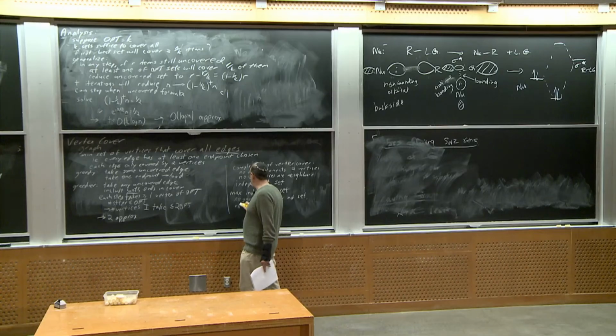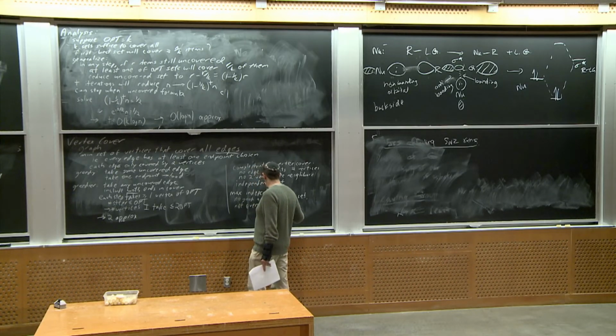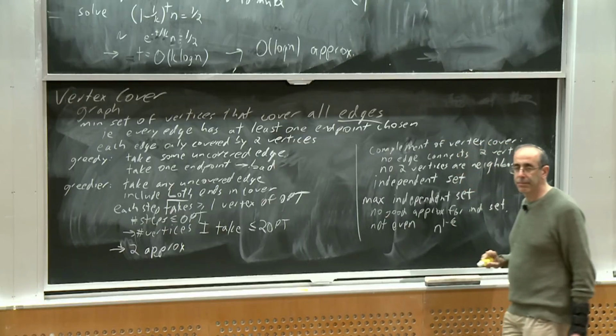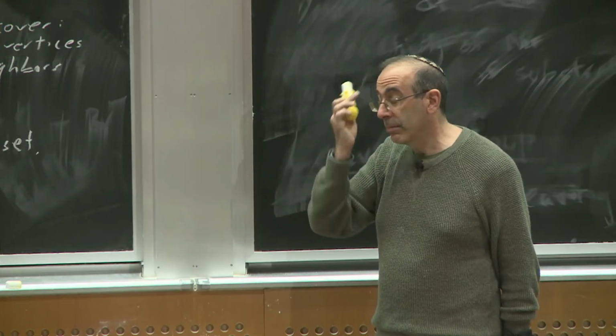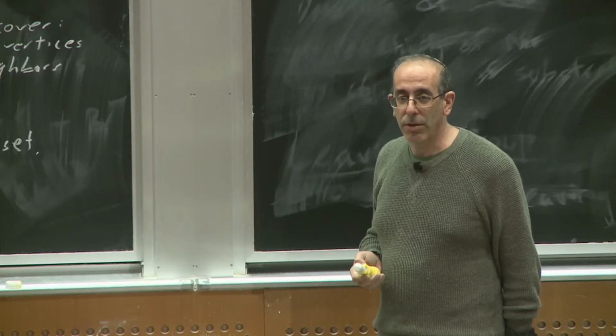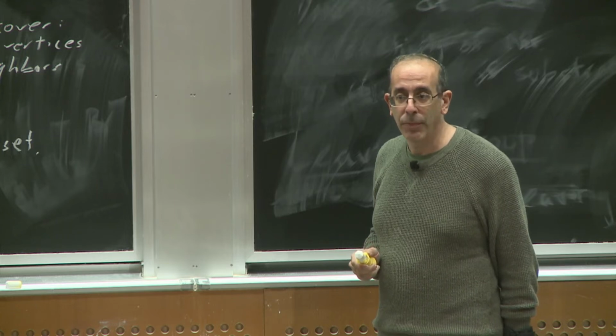I mean, not even n to the 1 minus epsilon for a small value of epsilon. Okay, so you can have a graph where there's an independent set of size n over 3, a gigantic independent set, and you still cannot find an independent set of size square root of n, or n to the 1/3, or even n to the 1/100th. Okay, none of those are possible. And again, this is something that the complexity theorists have proved, unless p equals np.